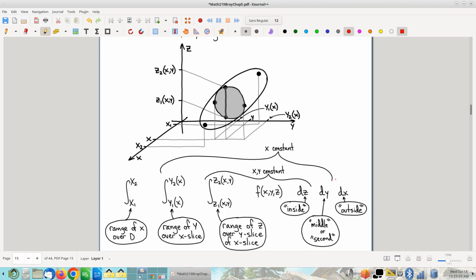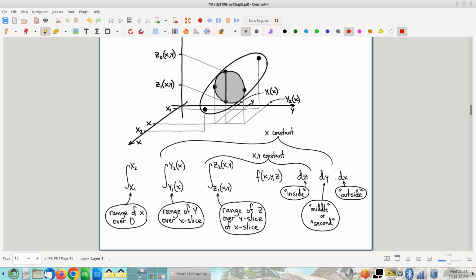Notice, as I've got commented down here, we still have this problem with how do I refer to these integrals, and first, second, third is awkward. What does first mean? As you're generating the integral, I would argue dx is first, right? But as you compute this iterated integral, dz is first. So first, second, third is awkward. But I do think it remains reasonable to refer to dx as I have it here as being the outside integral.